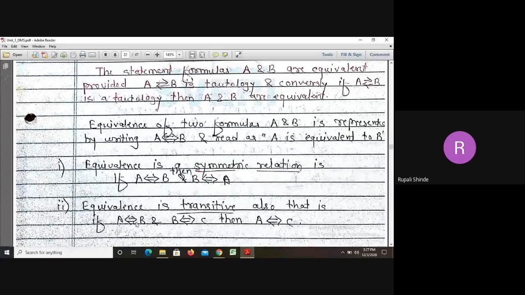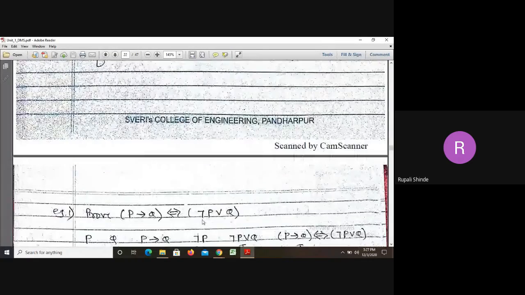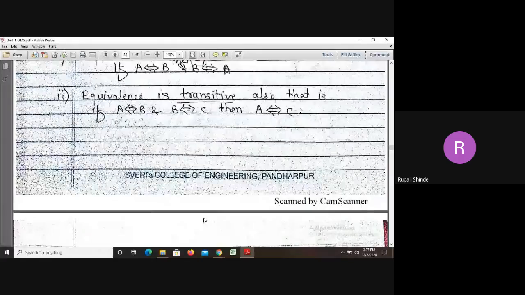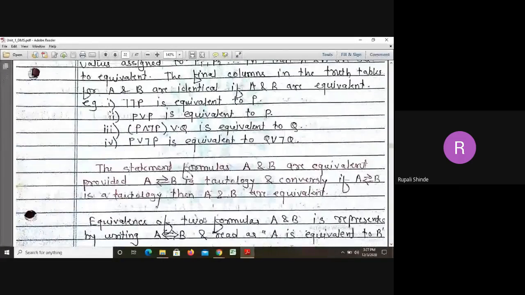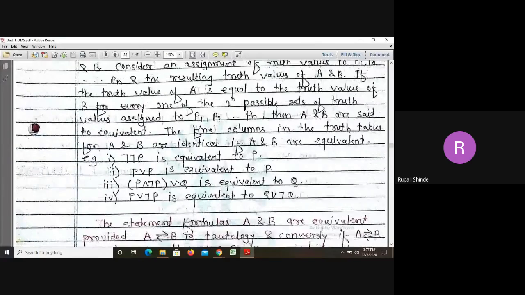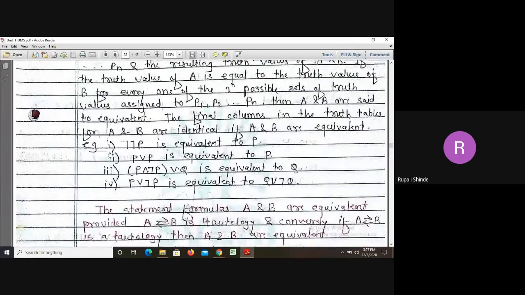That is, if A is equivalent to B and B is equivalent to C, then A is equivalent to C. So these are the two properties satisfied by the equivalence relation.